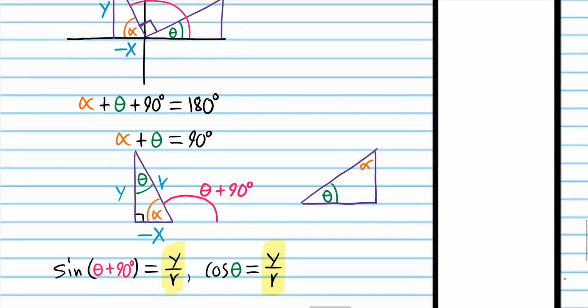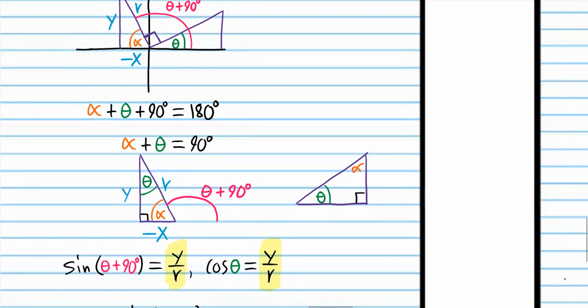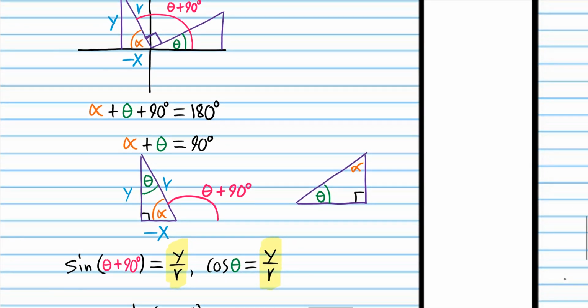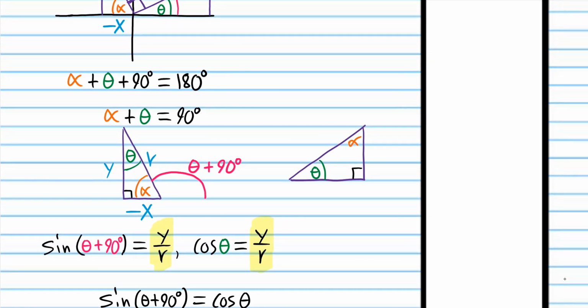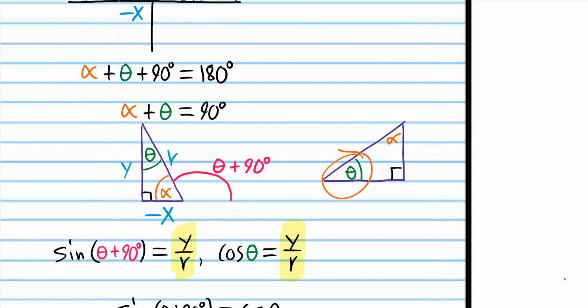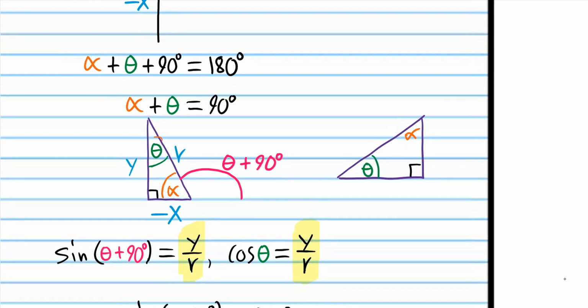Cosine theta is equal to the adjacent side over the hypotenuse, and the ratio of those two sides, because these two triangles are the same shape, is also going to be y over r. Another way to think about it is to go over here and think cosine theta is y over r.